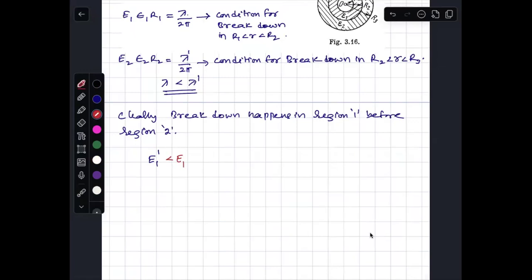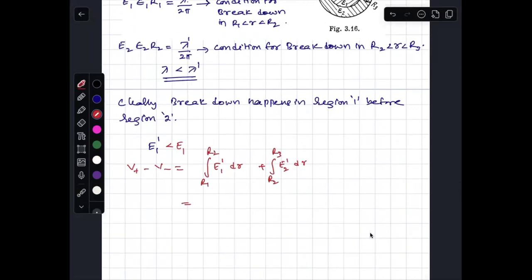Then what is the expression for potential difference? Simply, the integral of E1 dash dr plus E2 dash dr, from R1 to R2 and R2 to R3. What is E1 dash?